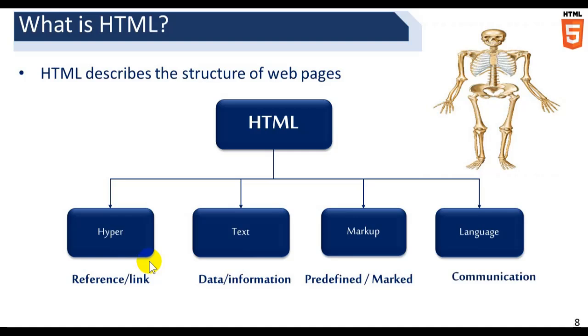Any language we use for only one purpose, communication. So HTML is a language which has predefined tags and attributes, and we use this to add data or information and connect it through links. So this is the HTML full form and its meaning. Clear?